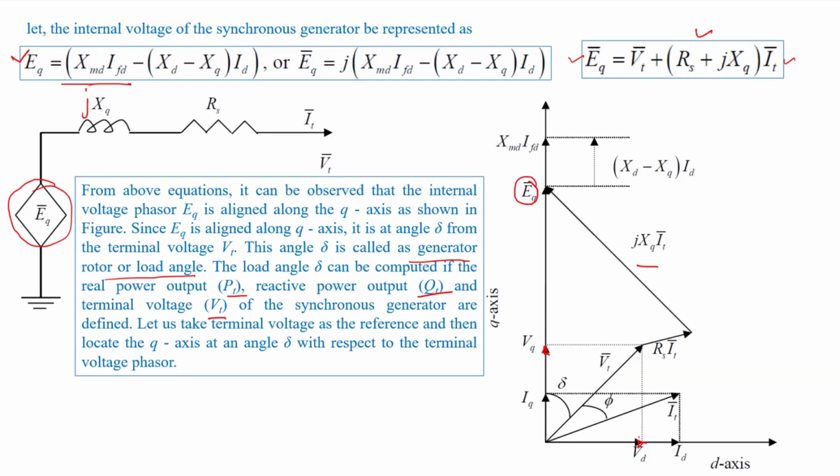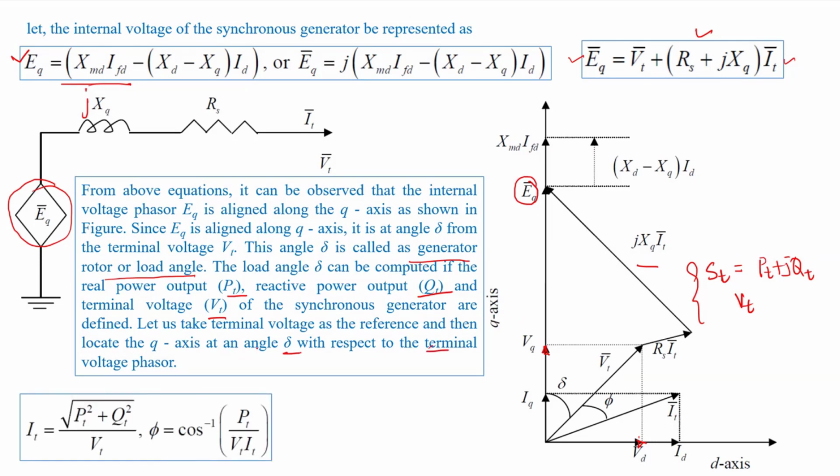So if you are given the terminal complex power, that is PT plus jQT, and VT, then you can find out this delta, right? So let us take the terminal voltage as the reference here, because in a single machine case, the terminal voltage is always taken as the reference. But when there are multiple machines, the reference changes, right? Obviously. So then we can locate Q axis at an angle of delta with respect to the terminal voltage phasor.